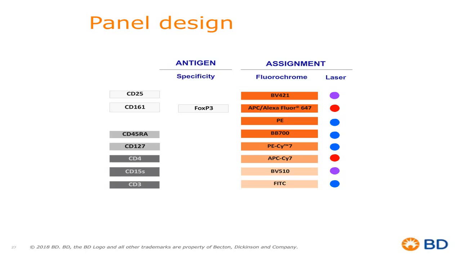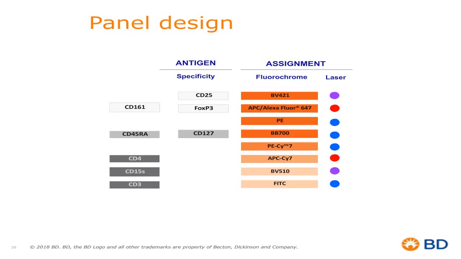Now I know I want to be able to resolve my T regulatory populations. FOXP3 is a part of that, as well as CD25 and CD127. Now CD25 is a tertiary antigen. I need to make sure I have really good resolution of that particular marker. So I'm going to put it on BV421, one of the brightest fluorochromes I have and one of the cleanest fluorochromes when it comes to spillover. I also want to take care of CD127 right away.